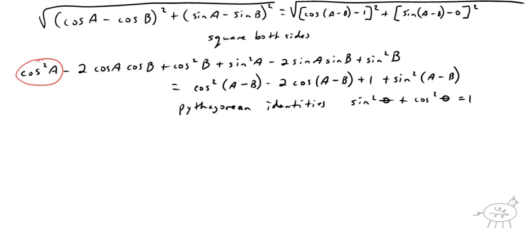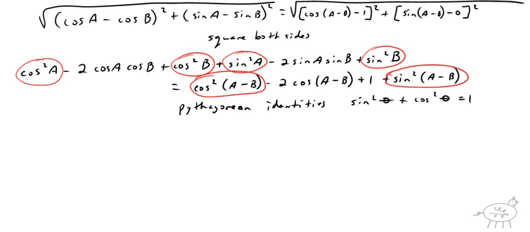So let's highlight some of these here. First of all, I see a cosine squared of A and a sine squared of A. So that's one right there. I see a cosine squared of B and a sine squared of B. So that's one there. And on the second line, I see a cosine squared of A minus B and a sine squared of A minus B. So that's pretty sweet. So what I can do is rewrite that, and really cancel these out.